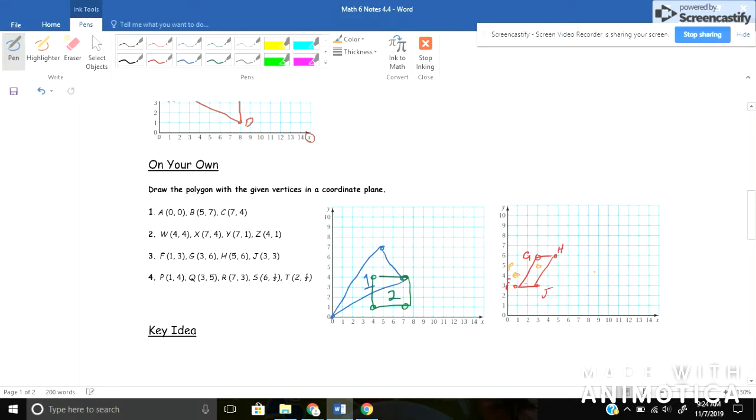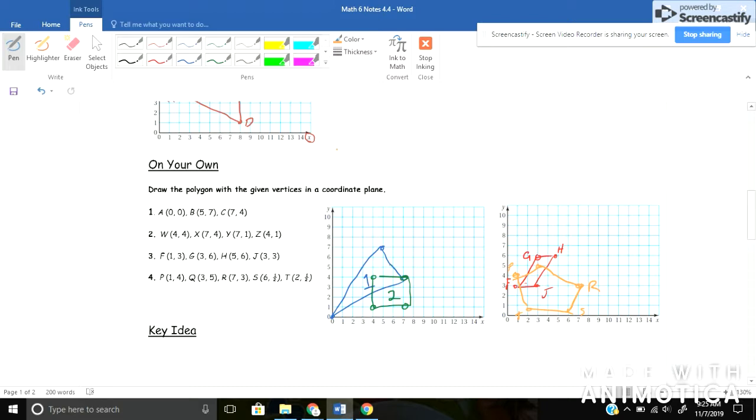I've got 7, 3, over 7 up 3 for letter R. For S, I have 6 and a half, so I've got over 6 up a half. So I'm not going to go up 1. I'm just going to go up half the way to 1. That's going to be letter S. And lastly, I've got 2, over 2 up a half for letter T. Okay. Notice here I've got 5 points, so I'll have a 5-sided shape, which is a pentagon, and it should look something similar to that.